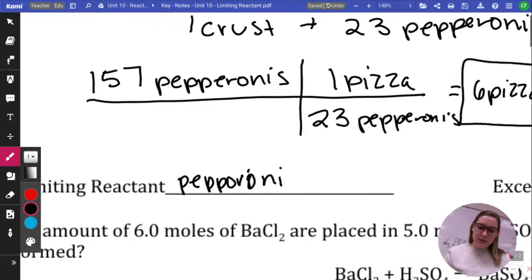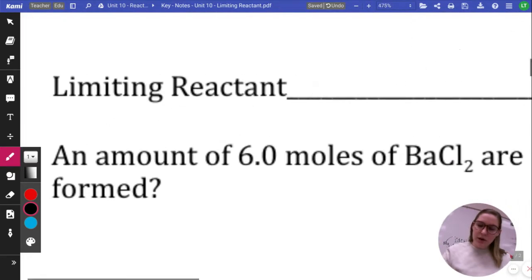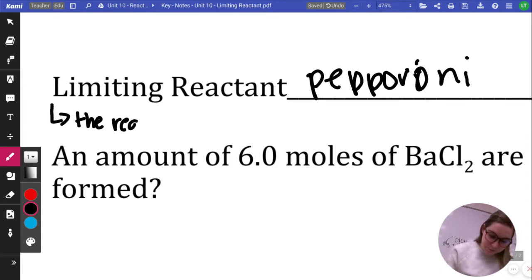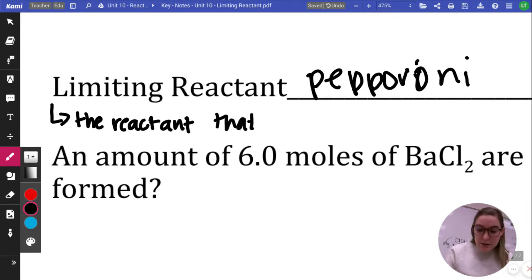So let's go ahead and kind of define those. I'm going to zoom in really small and just write my definitions really small. So the limiting reactant is the reactant that limits how much we can make. It limits the amount of product produced.